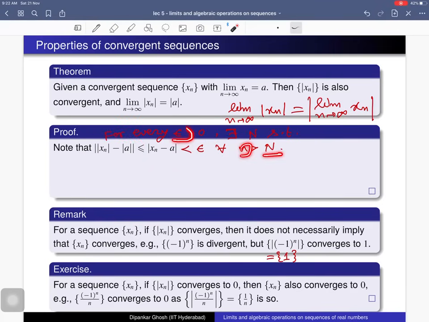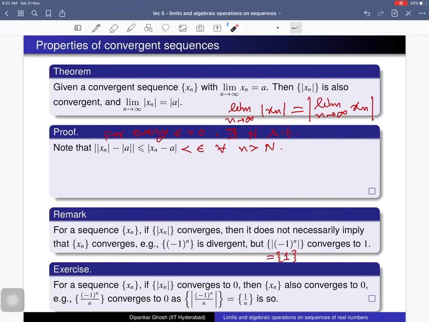So for every epsilon we can find a natural number n such that this distance is less than epsilon for all natural numbers beyond that. So this thing satisfies the epsilon n condition, and therefore this limit is just mod a, and it proves this theorem. So here it is saying that if some sequence is convergent, then the sequence of absolute values is also convergent, and the limit is given by this thing.